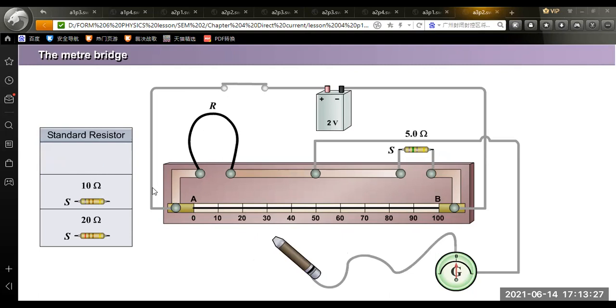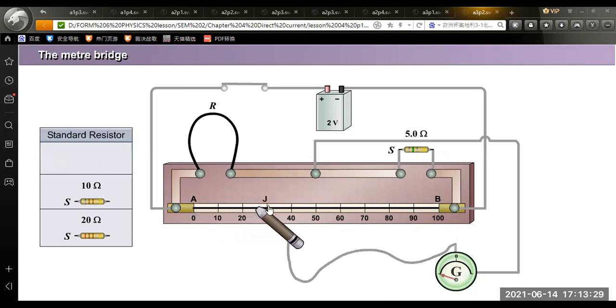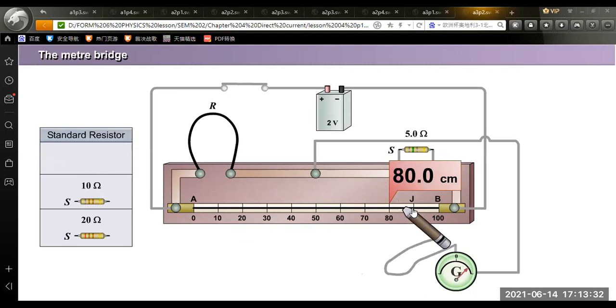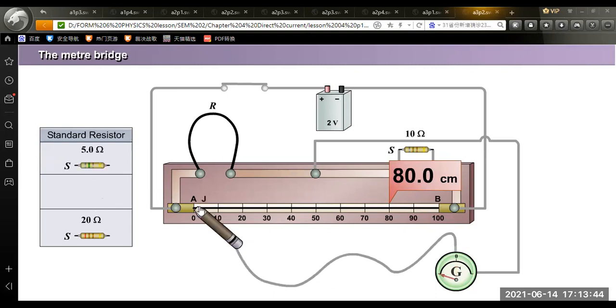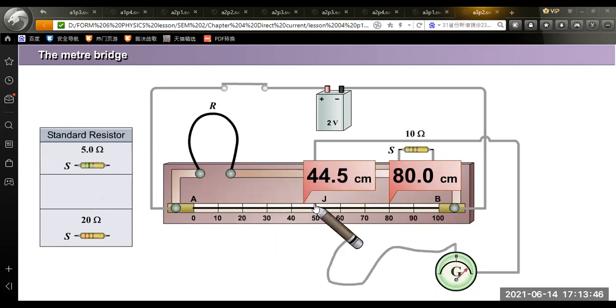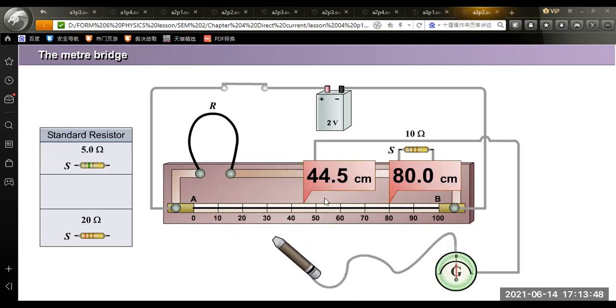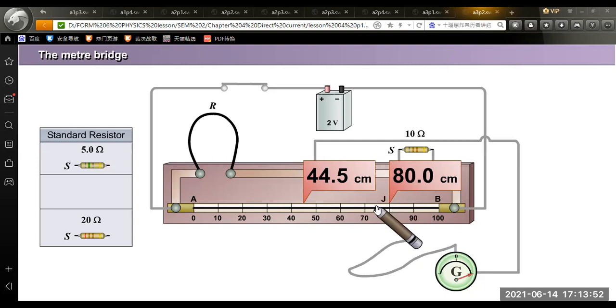Now I connect one resistor of 5 ohm. When I move the jockey, we get 80, 20, which is not 30, 70 or 70, 30. So we try to increase the resistance. When I increase it, now I get 44.5 and 55.5.